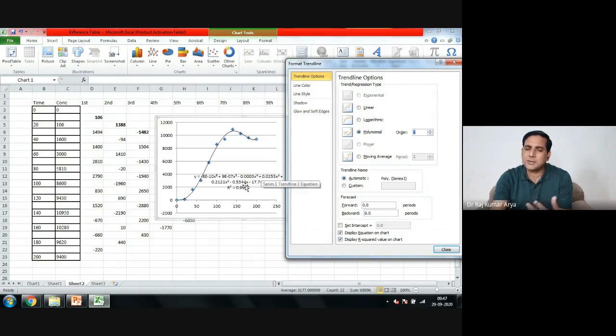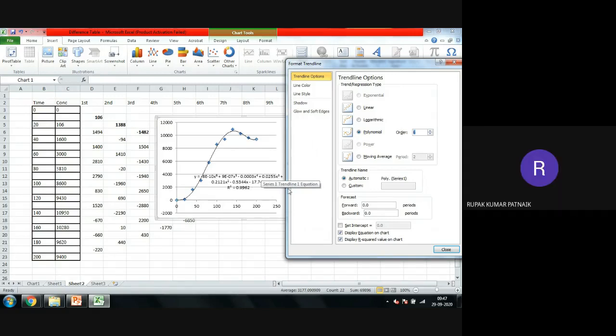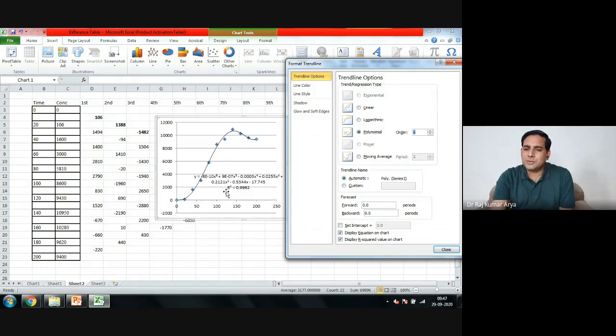You substitute the value of x and you get y. So this is another technique: first fit a polynomial to the data, then substitute into it, just to find your unknown value at any given point.